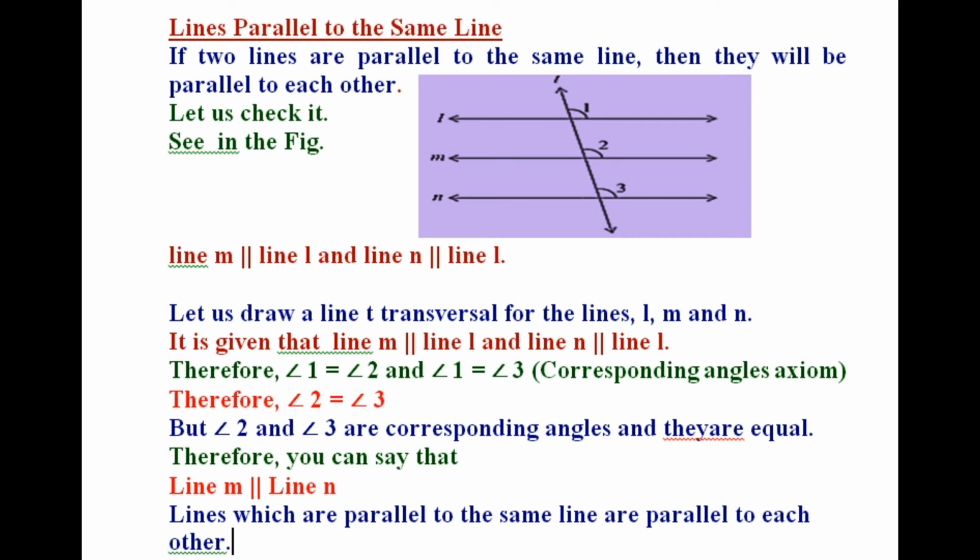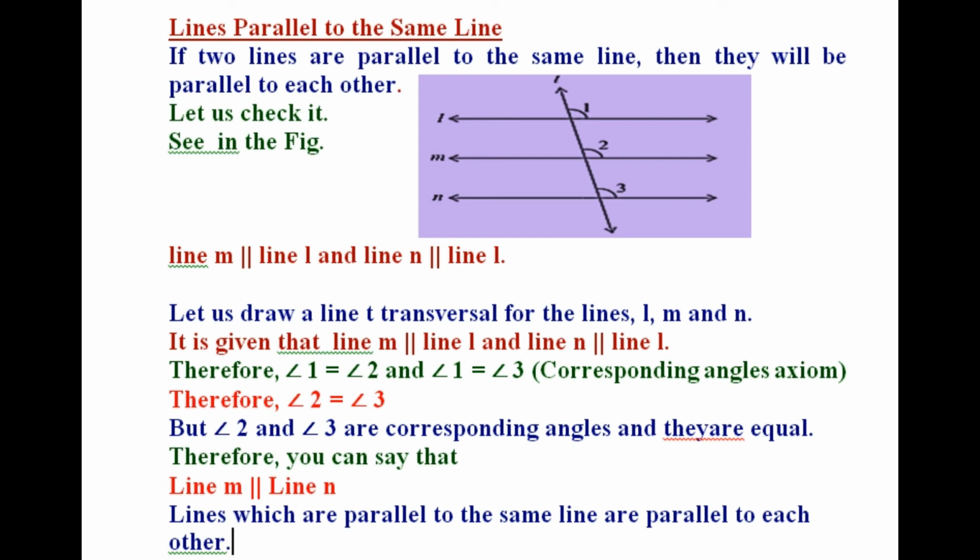Lines parallel to the same line. If two lines are parallel to the same line, then they will be parallel to each other. Let us check. See in the figure, L, M, N are parallel lines. T is the transversal.